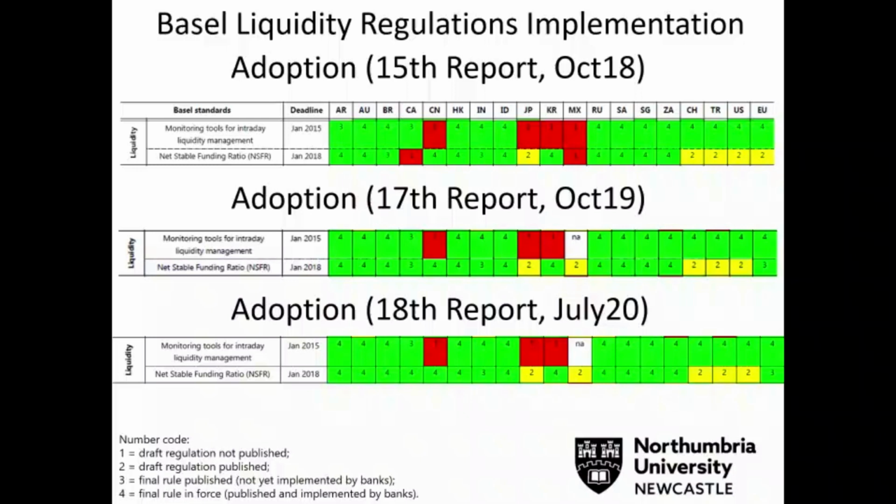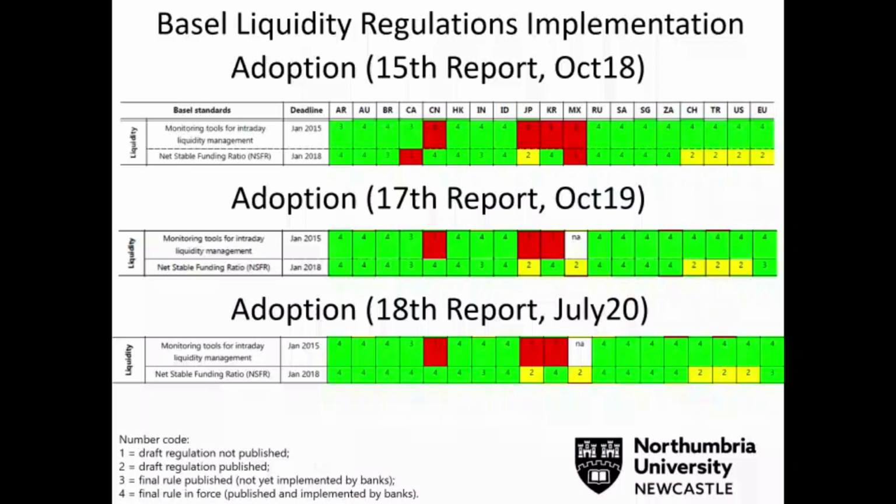And then in subsequent reports, we can see not applicable for Mexico, and this is because their central bank already gathers and computes various intraday liquidity management tools, and they've obviously at a country level negotiated with the Basel Committee that they have other sufficient policies and procedures in place to manage short-term day-to-day liquidity activity, and therefore got an exemption from implementing the full Basel Accord in this aspect.